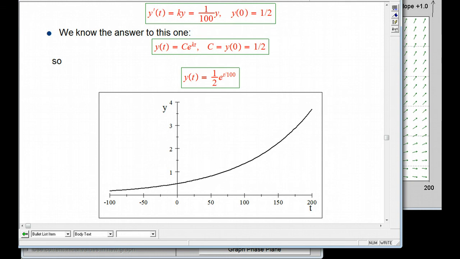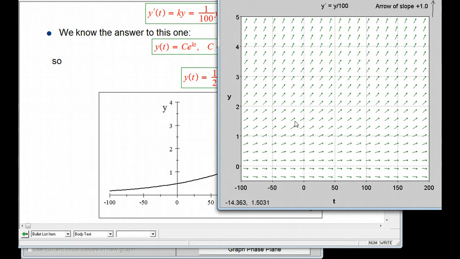It says that if I do have a solution curve for this equation going through one of these points, and I will click in here to make one, the property of that solution curve, which we see is a piece of an exponential in this case, we already knew that, is that if y is, let's say, 2.2, then the slope of this curve at that point should be 2.2 over 100.